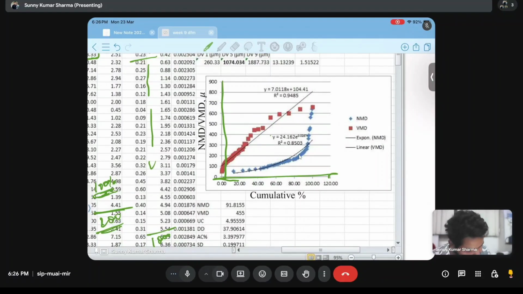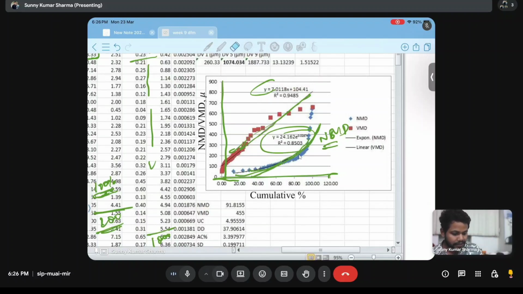Suppose this is the graph for VMD, and this is the graph for NMD. This is the curve for NMD. For this, an exponential equation will come when generalized. This equation will fit NMD and this equation will fit VMD.